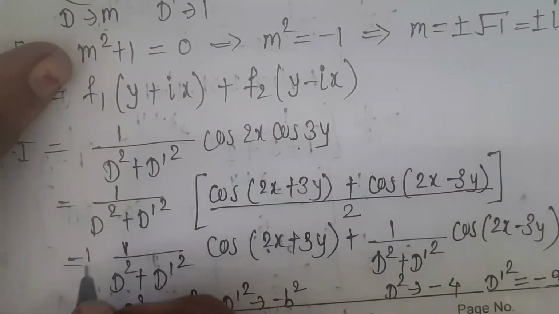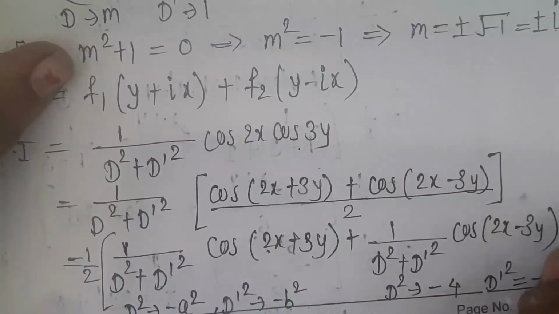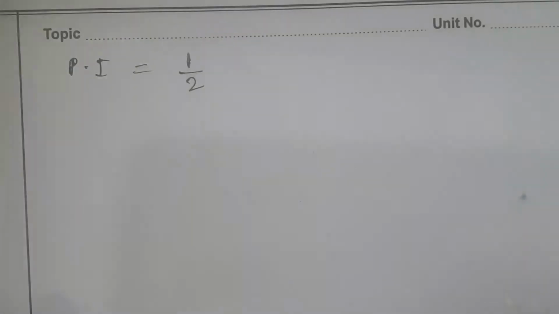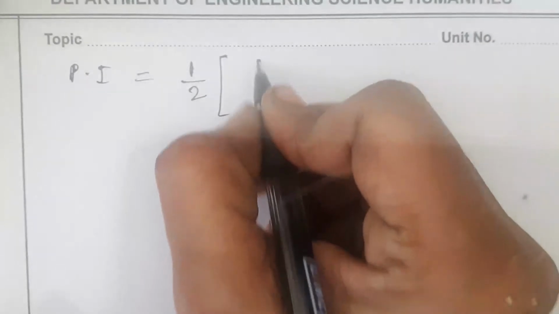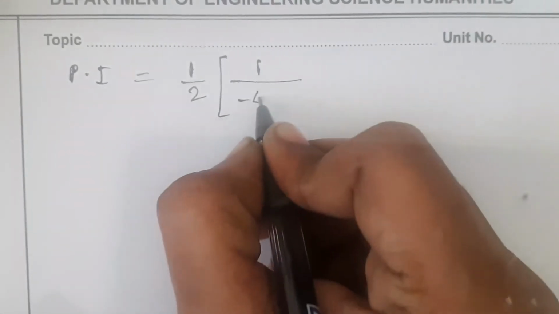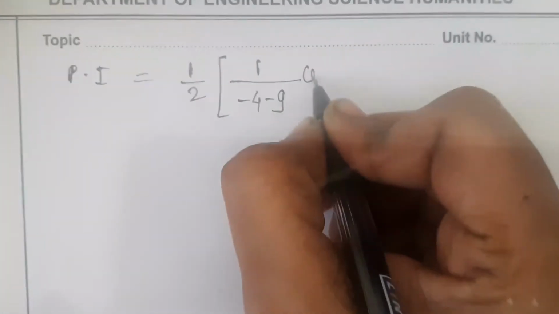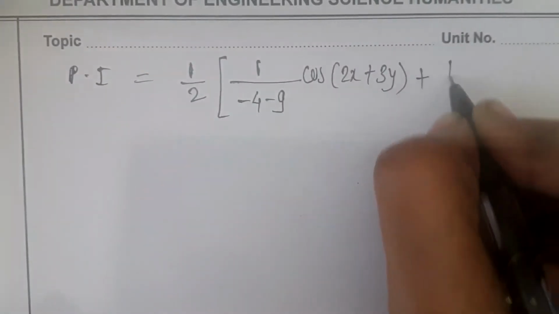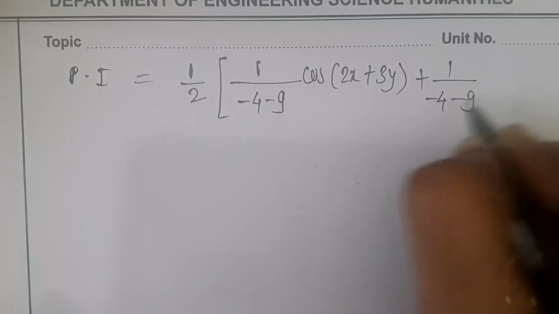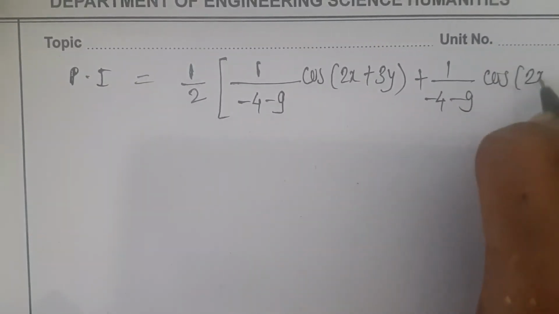So you can take this 1 by 2 outside, and it is 1 by 2 times 1 upon, replace d square by minus 4 and d dash square by minus 9, cos of 2x plus 3y, plus 1 upon minus 4 minus 9 multiplied by cos of 2x minus 3y.